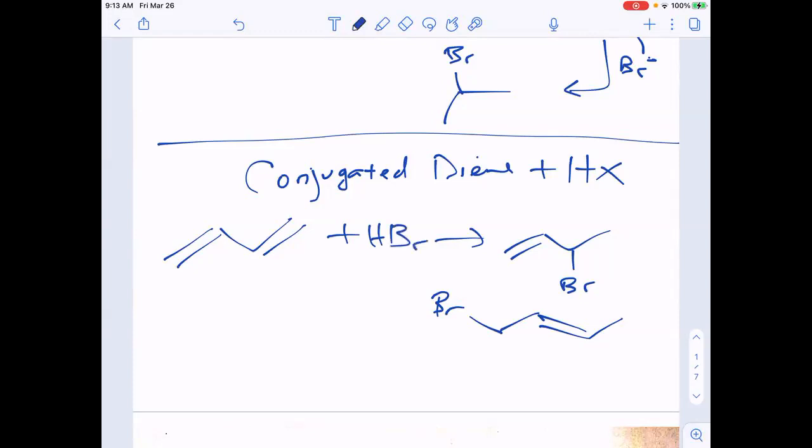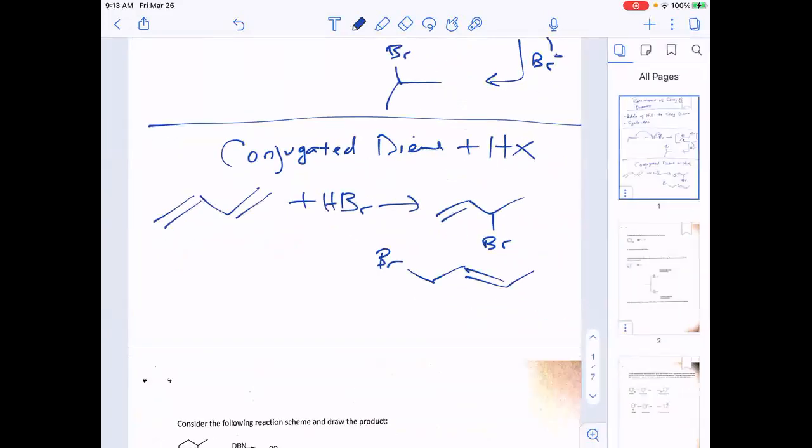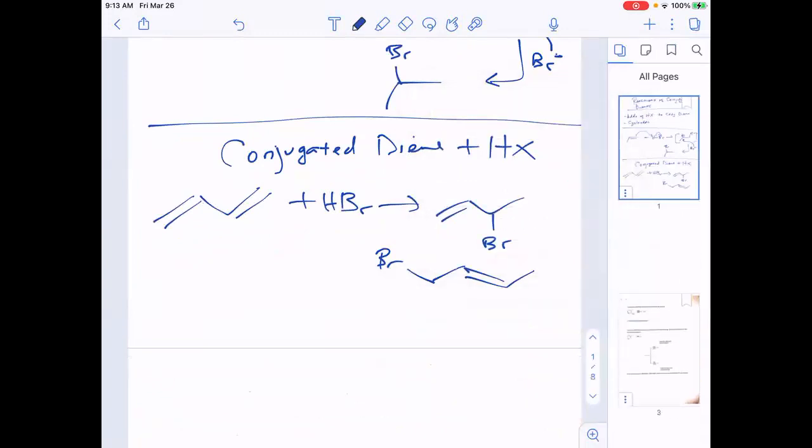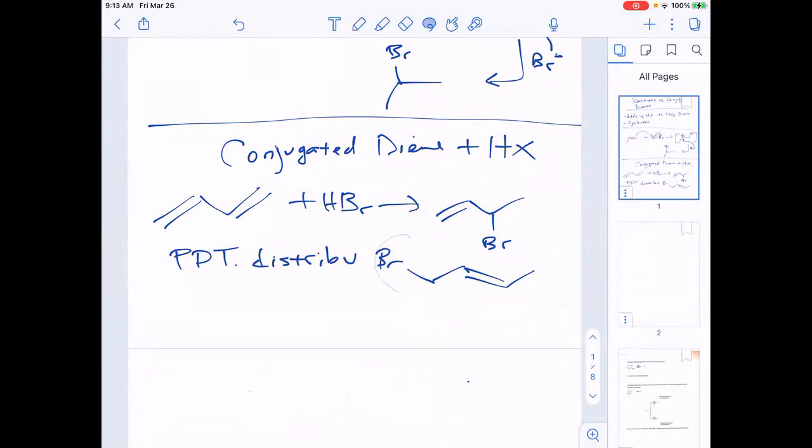All right. So anytime you add HX to a conjugated diene, you're gonna get two products, right? The thing about this reaction is that the product distribution can be controlled by the temperature. And do y'all remember what this term or phrase, product distribution, means? Anybody?